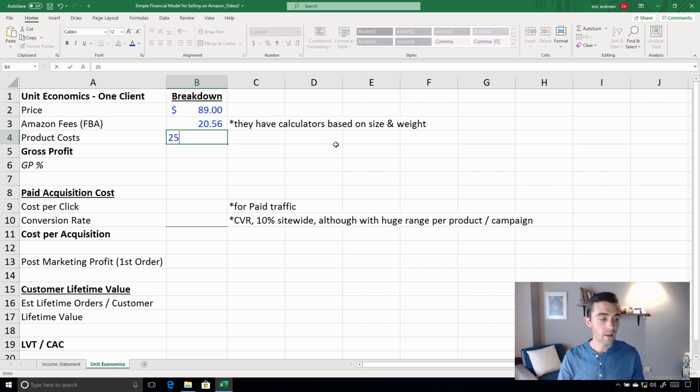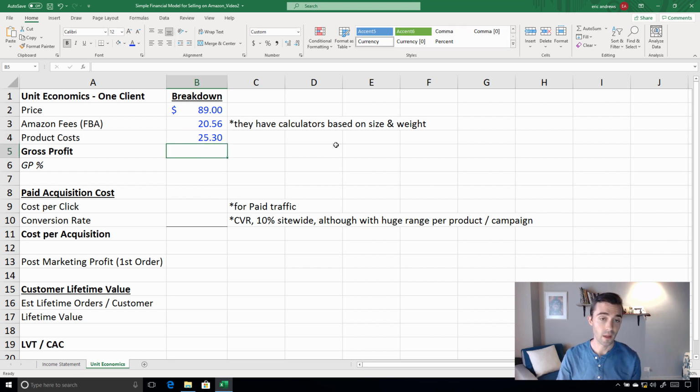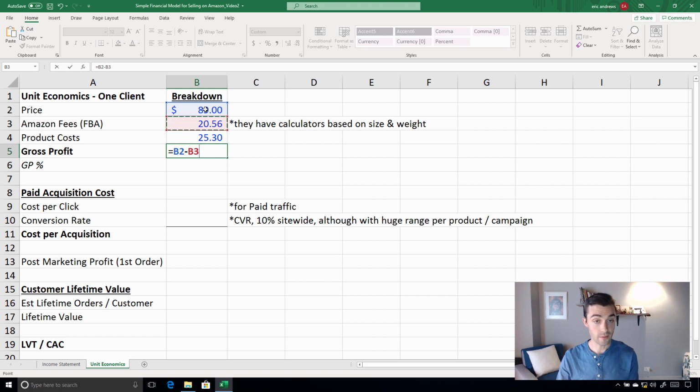So let's say you get the product manufactured and shipped to Amazon, boxed up, everything, and on a per bottle basis, that costs $25.30. So what's your profit on one order? Well, someone places an order on Amazon, then you have to pay Amazon for the fulfillment, $20.56, and you've already paid about $25.30 to get the product to Amazon, make the product, all that stuff.